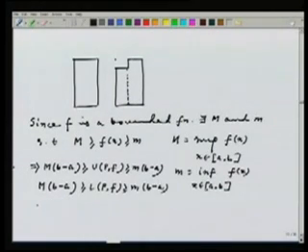This follows from the fact that capital Mi is always lesser or equal to M, and little mi is always bigger than or equal to little m.